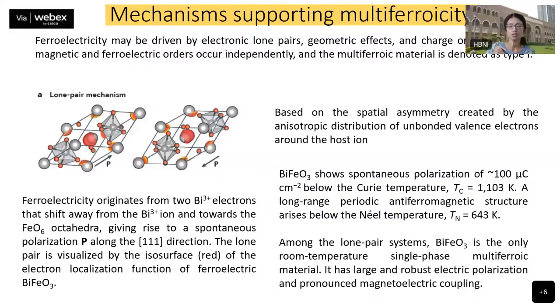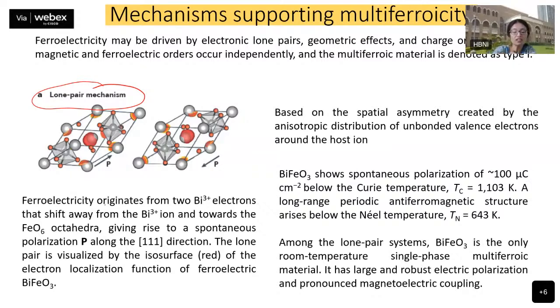One of the prime examples is the lone pair mechanism, and the biggest example is BiFeO3. The lone pair mechanism is based on the spatial asymmetry which is created by the anisotropic distribution of unbonded valence electrons around the host ion.